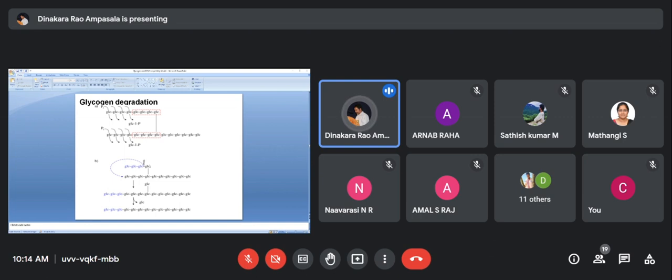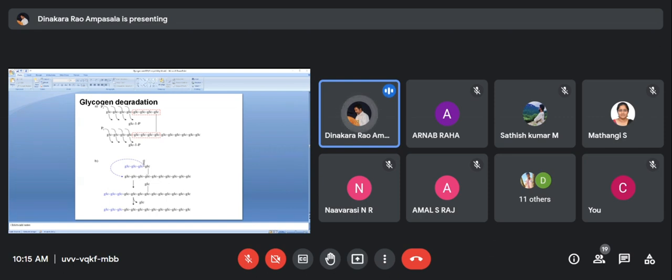But these branch point glucoses will be removed as free glucose by simple hydrolysis, cleaving this alpha 1,6 bond. During this glycogen degradation, at least 10% of the glucose will be liberated from the glycogen as simple glucose molecules.